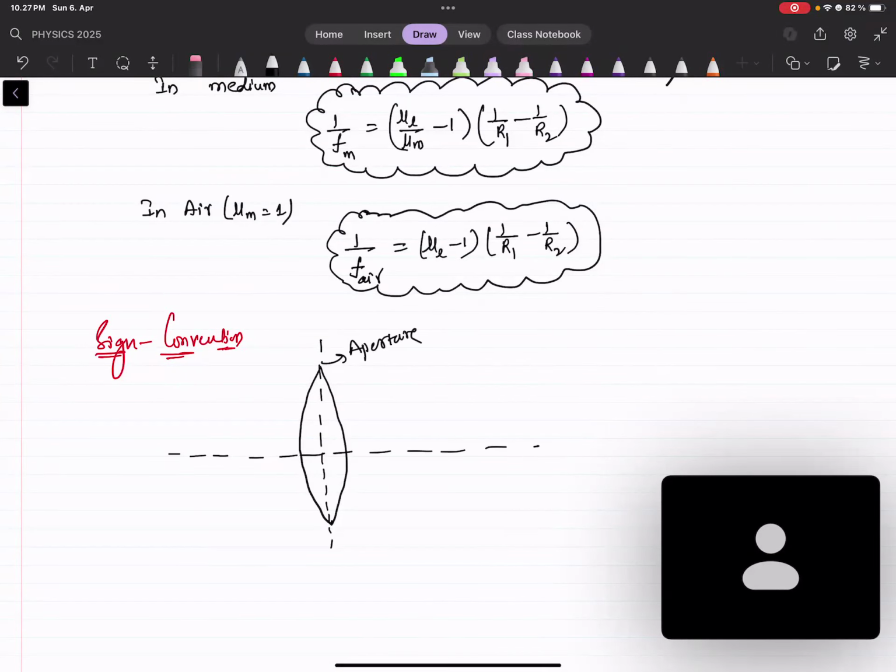Aperture. This one is known as what? The principal axis. All the distances are to be measured from the pole, that is nothing but O. In this direction we are taking positive, and in this direction we are taking negative. Coordinates for this one are 0, comma 0. Am I clear?